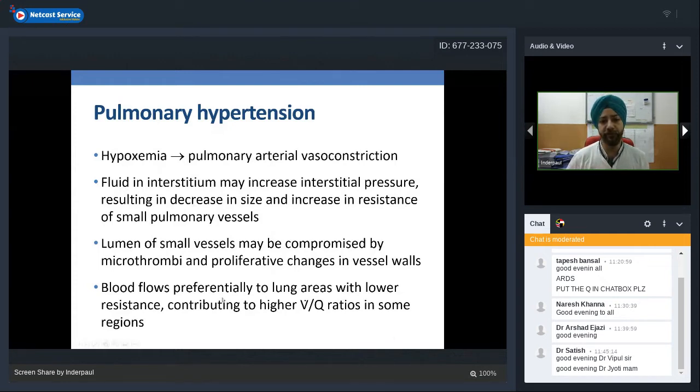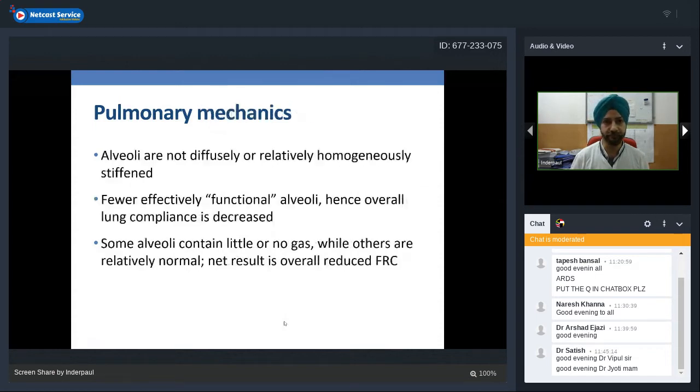Importantly, blood flows preferentially to areas with lower resistance, thus contributing to higher ventilation perfusion ratios in some regions. Because of these changes, there is effective reduction in the functional alveoli, and hence overall lung compliance and functional residual capacity are reduced.